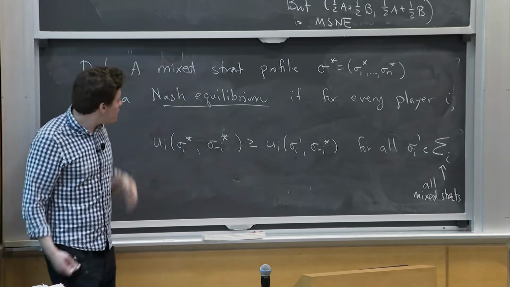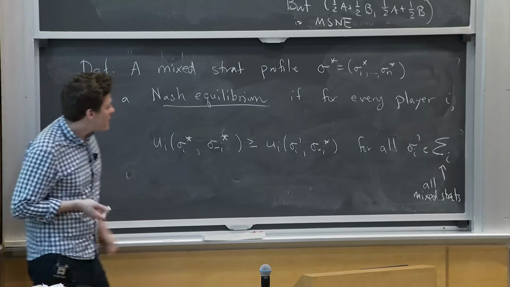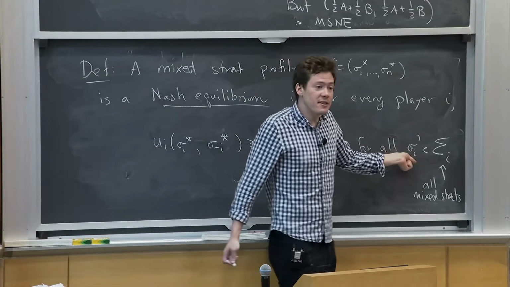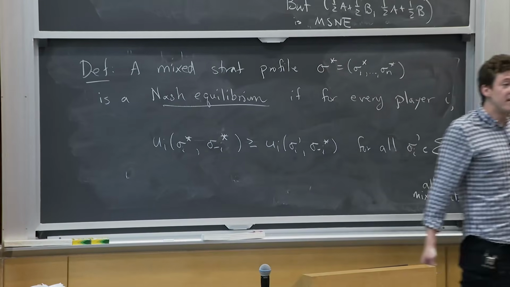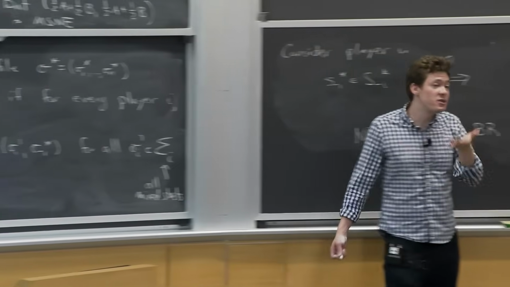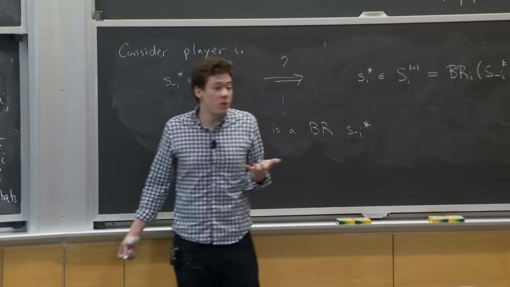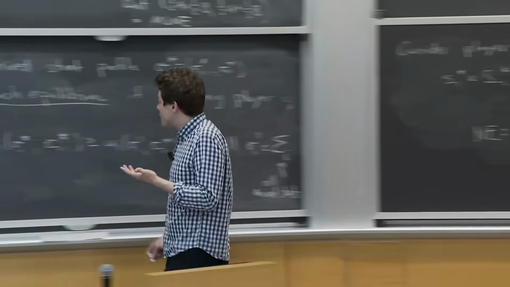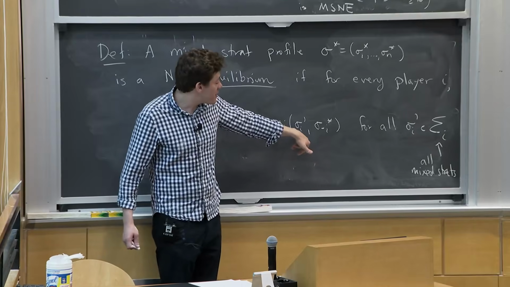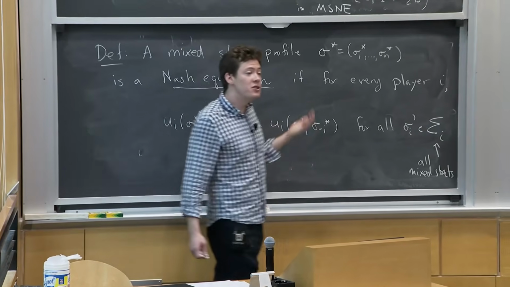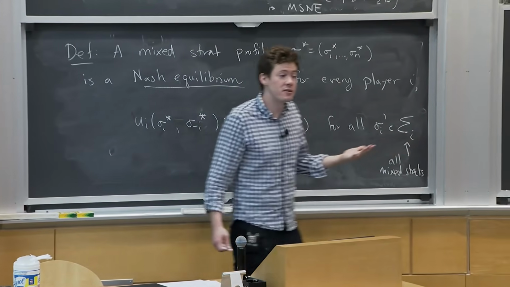But if you look at this definition, it's pretty messy because there are so many different mixed strategies I could deviate to. Even in a game with just 2 strategies, I could deviate to any probability between 0 and 1. That's a lot of deviations to deal with. But fortunately, we don't actually have to worry about that. Even if I were to check every mixed strategy, it's actually enough just to check my pure strategy deviations.